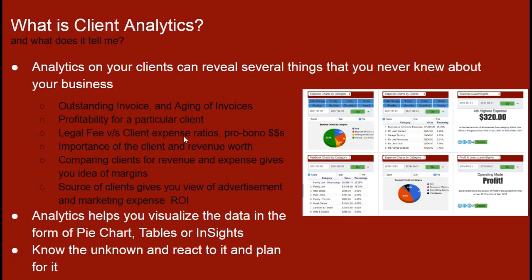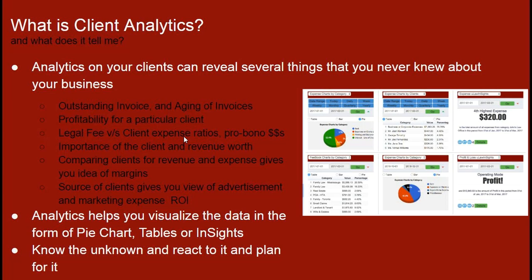So if there's a certain type of area of practice, or sometimes a certain type of client, could be based on areas of practice, it could be based on the source of contact. So for example, if the source of contact is a personal referral, you can draw parallels to see if the data is there, and legal accounting practice management tools can give you this, to say you can be rest assured that your fees would be paid on time if the source of contact is a personal referral.